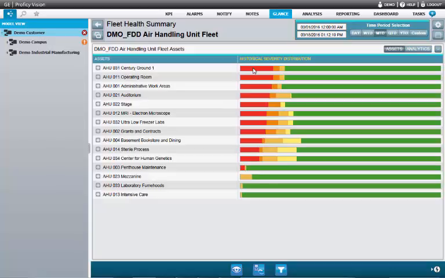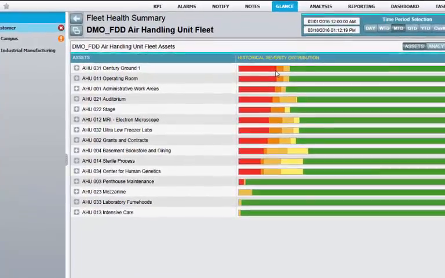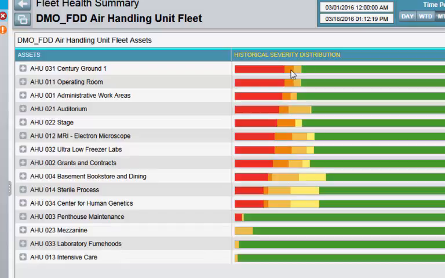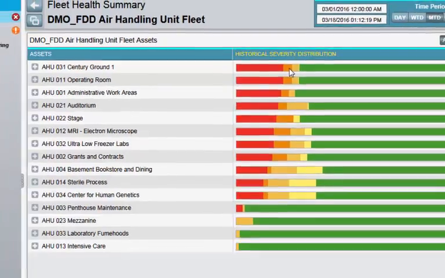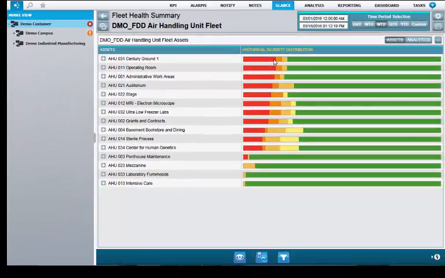So those findings with the most amount of energy savings potential would drive to the top. And again, this is really where the power of FacilityConneX comes out, because we see here on the list that a number of air handlers in the set have risen to the top because they have a number of issues that are rated as a critical severity issue, and that's denoted by the red color and the stripe. And then you have medium severity and low severity issues that are listed in orange and yellow.